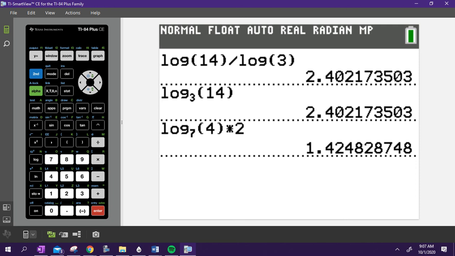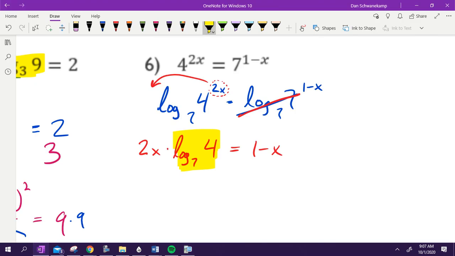I'm just writing it down so you can see it. So this is 1.424x equals 1 minus x. That's my problem. Again, I wrote down a decimal, but I'm not actually rounding it, because if I round it, it's going to be off at the end. What do I need to do next to try to get x by itself?